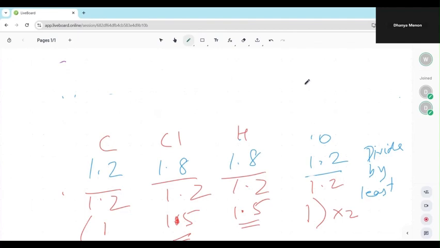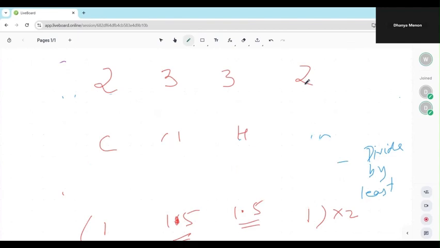So this is 2, this is 3, this is 3, and this is 2. If you multiply all of them, no issues. After all, it's a ratio, right? Sometimes when you multiply with 2, nothing happens. It still remains a decimal. You have to multiply with 4, then it comes as a whole number.